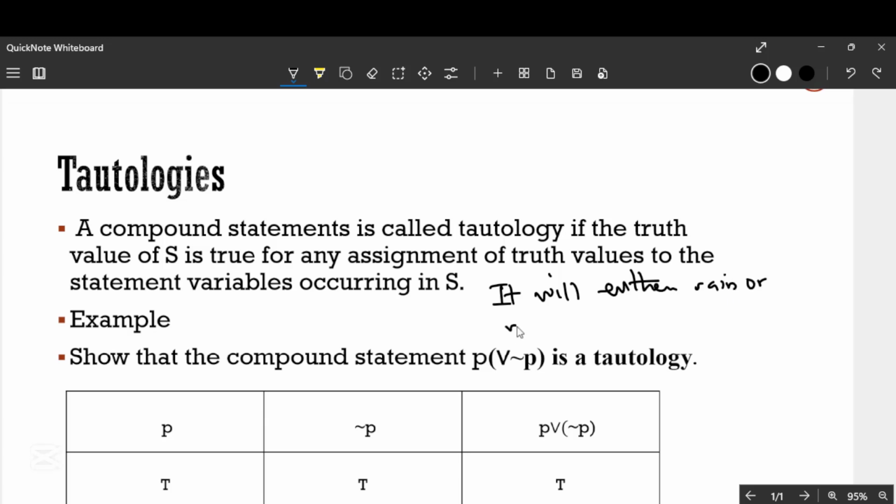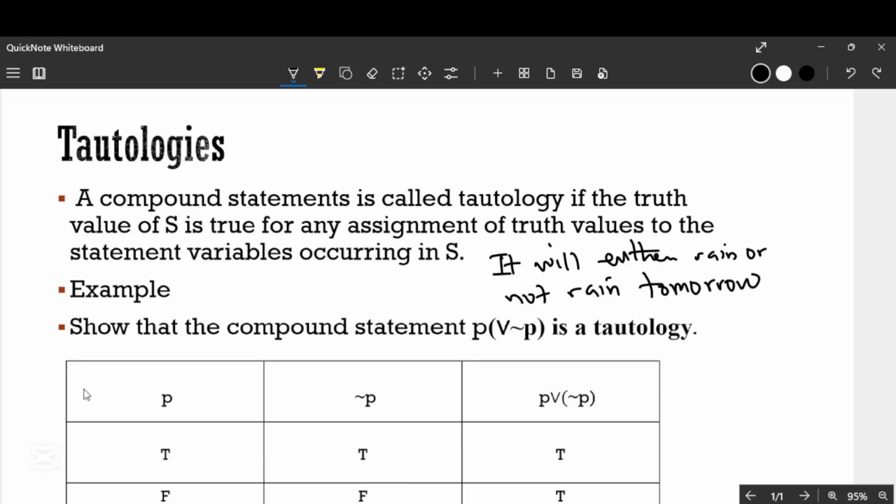The reason why this statement is a tautology is that it is always true, because it is impossible for it to rain and not rain at the same time. It is a certainty.